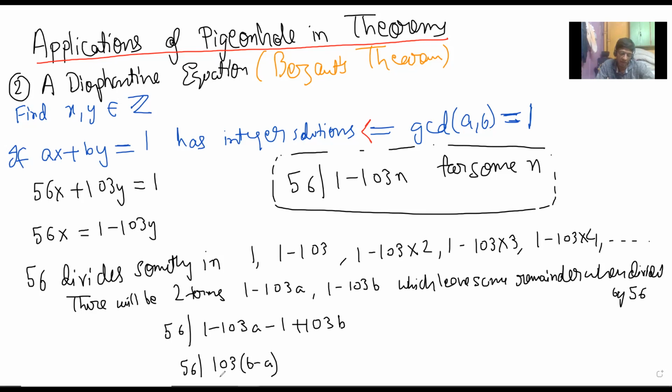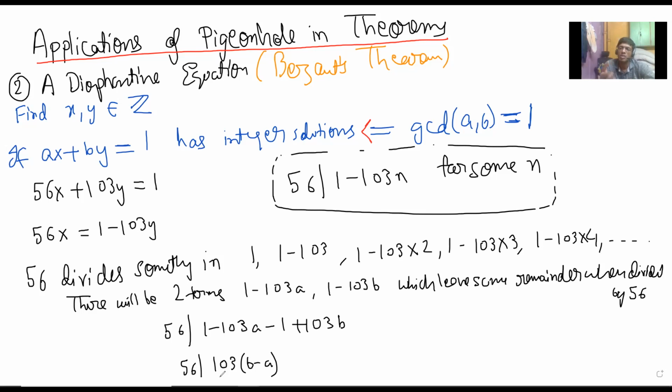The standard way did not work, I think. You cannot guarantee that one of them is fully divisible. If you have this infinite list of numbers, you cannot say that one of them will be divisible by 56 necessarily.